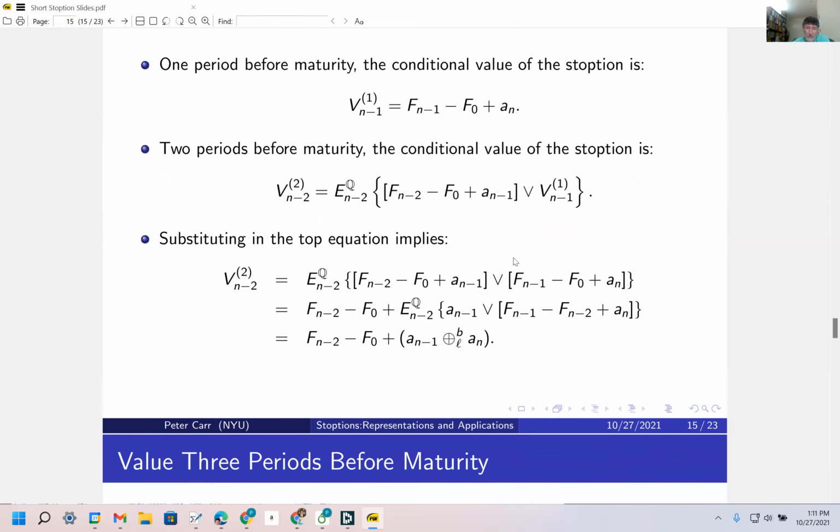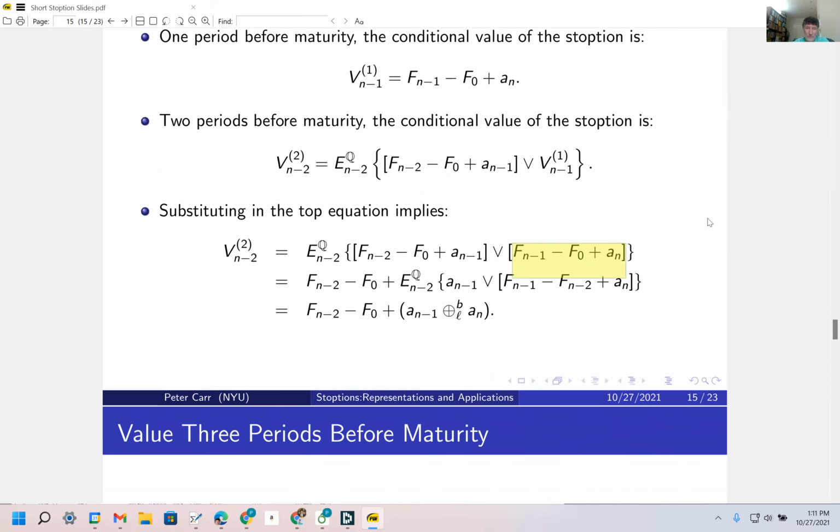We're just going to do some algebra. We're going to substitute in this right there, and that leads to this. Now we're going to take advantage of the distributivity of ordinary addition over the max and over the expectation. So I'm going to pull out, if you will, this F_{n-2} minus F_0 from both of the maxima. It's kind of implicit in there.